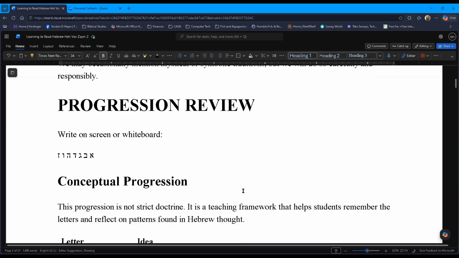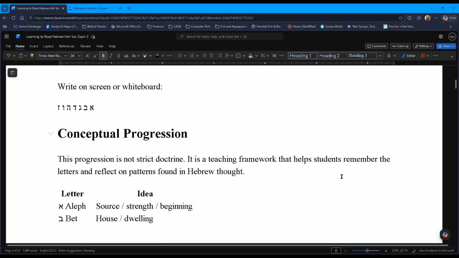I've seen so many memes online that say this is what this means. Well, that might be what it means to you, and that's fine. But to say this is what it means is something different. It's a teaching framework that helps us as students to remember the letters and to reflect on patterns found in Hebrew thought.